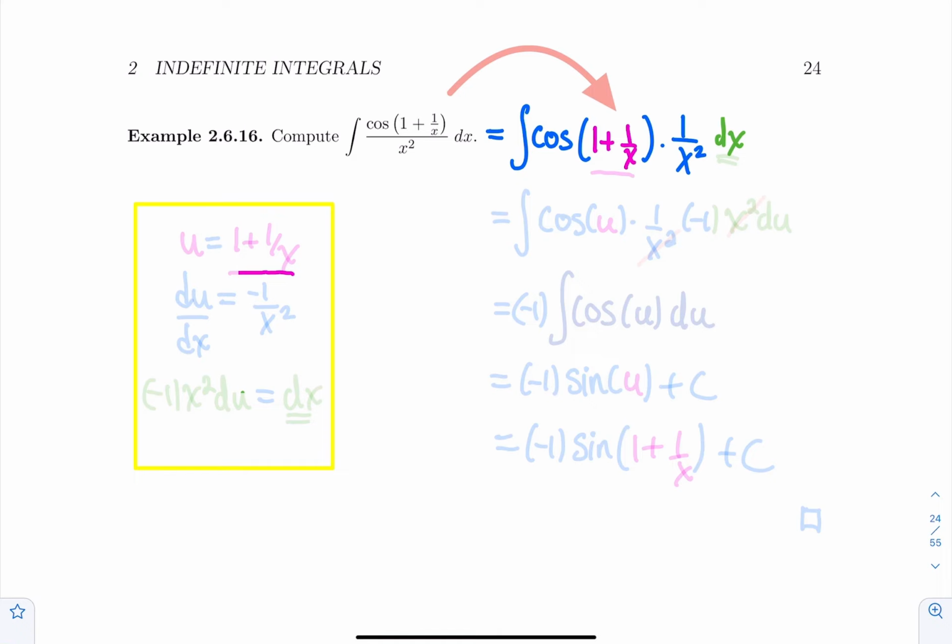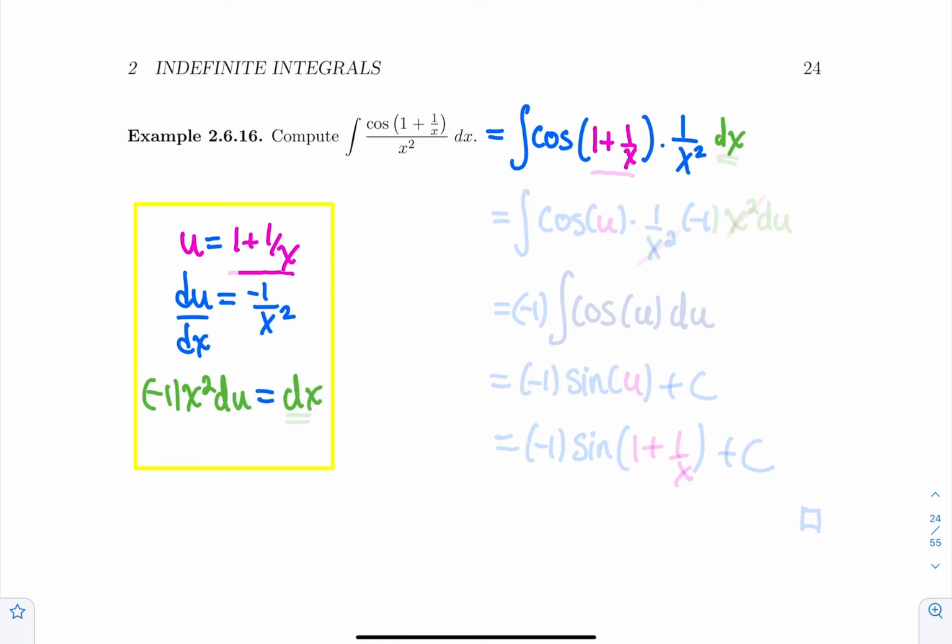So let's use this as the u substitution. Let u be equal to 1 plus 1 over x. Then du over dx is going to be minus 1 over x squared. So if you isolate dx here, you get minus x squared du is equal to dx.